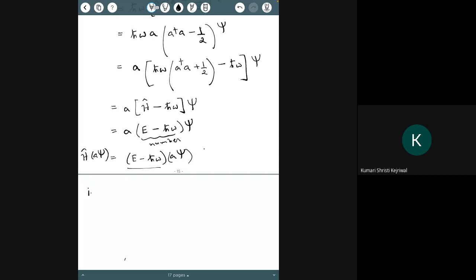So what is then the conclusion? That a psi is an eigenfunction of the Hamiltonian with energy E minus h cross omega, which means that the action of a has reduced the energy of psi by h cross omega.